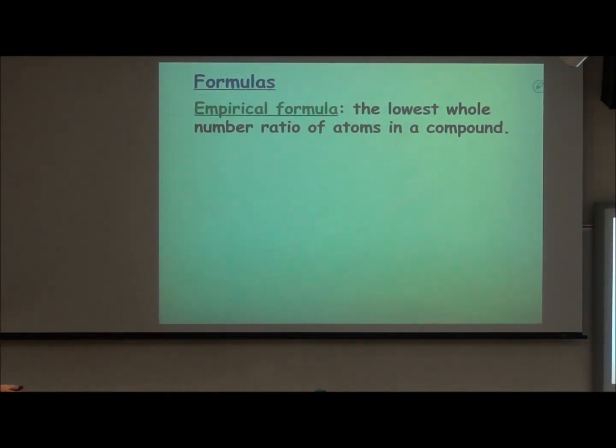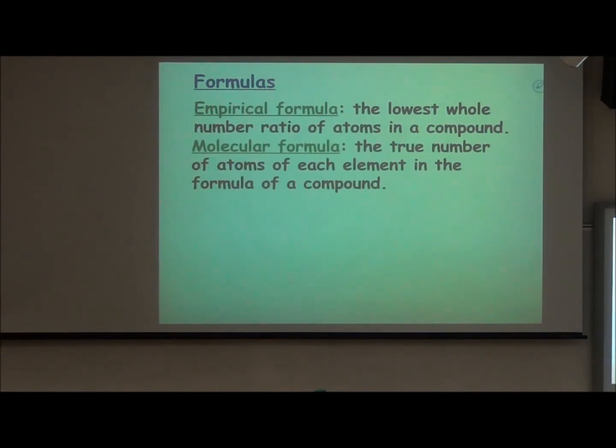And we'll give you a couple of examples so you see that. The molecular formula is the actual ratio, the actual number of each element in the compound. So in one molecule of hydrogen peroxide, there actually are two hydrogens and two oxygens.